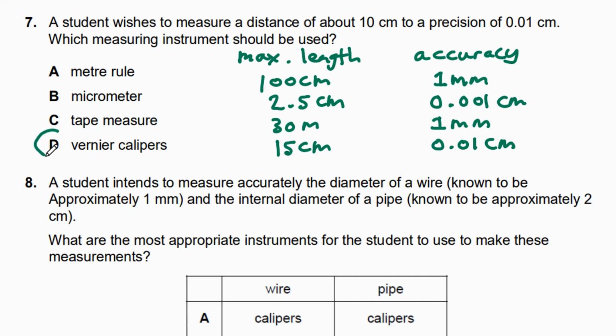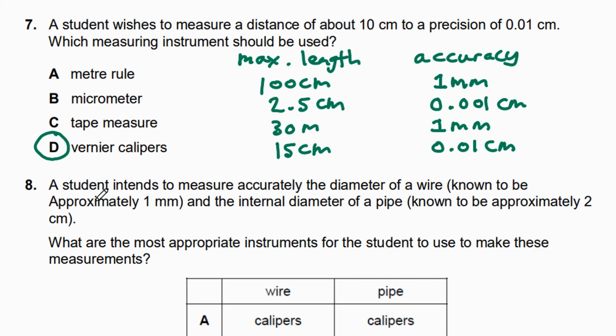So the answer here will be D. Then in question 8 it says, a student intends to measure accurately the diameter of a wire, which is known to be approximately 1 millimeter, and the internal diameter of a pipe, which is approximately 2 centimeters. What are the most appropriate instruments for the student to use to make these measurements?